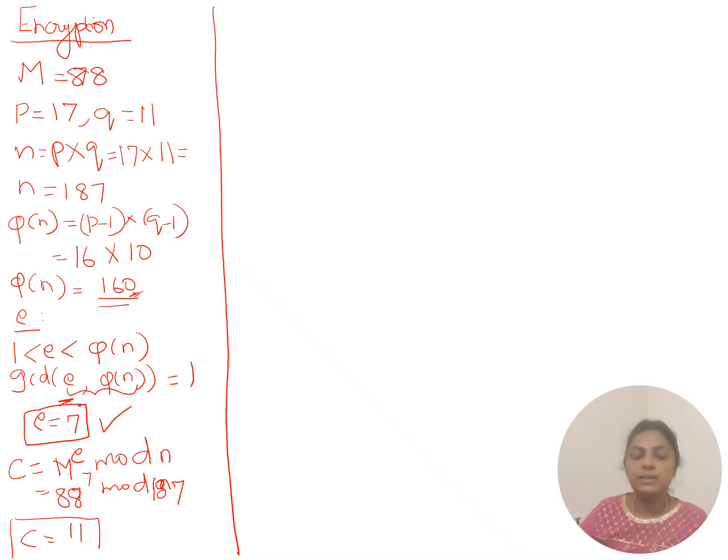And the next part is we need to perform the decryption. So now the cipher is available. The concept is the cipher value will be transmitted over the transmission channel and reaches the receiver successfully. And at the receiver end, he'll be performing the decryption process.